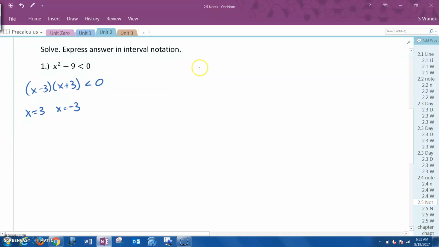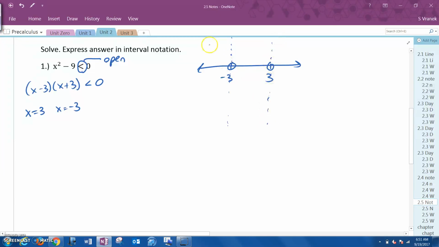Now I'm going to make a number line. On that number line I'm putting negative 3 and 3. I'm putting an open circle because it's not equal to, it's just less than. And hopefully you guys see that there are 3 spaces on the number line separated by these dots.